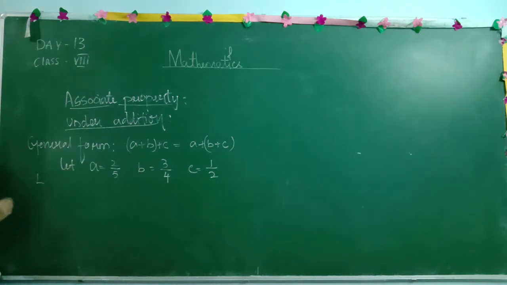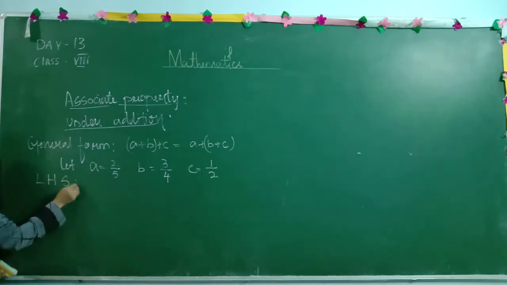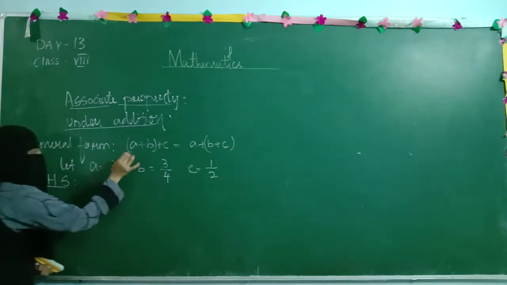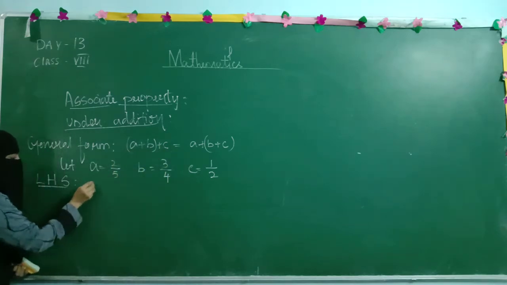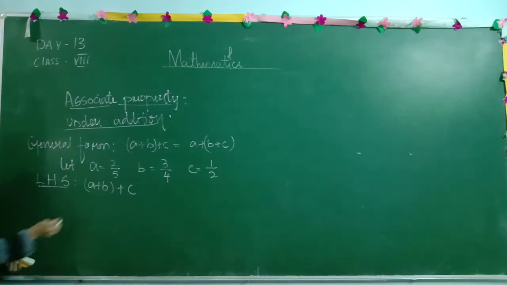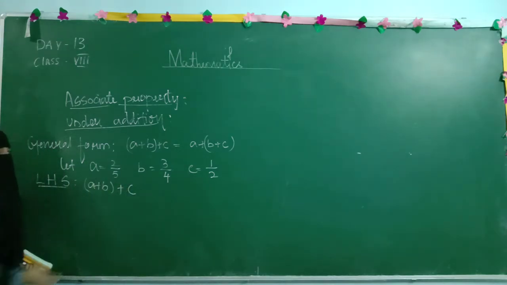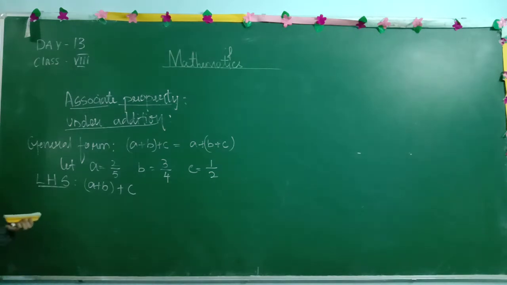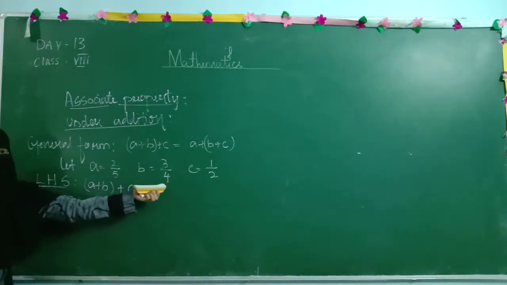What do you mean by LHS? Left hand side. So what is the LHS part given over here? Yes, A plus B plus C. Here A, B, C are the rational numbers, and we have already assumed the 3 numbers.